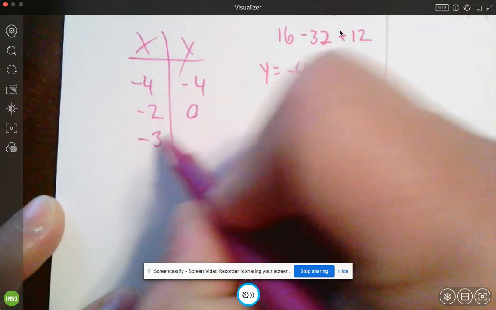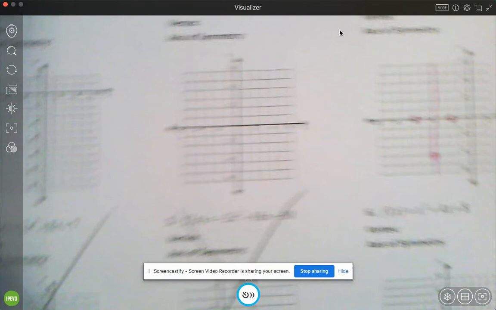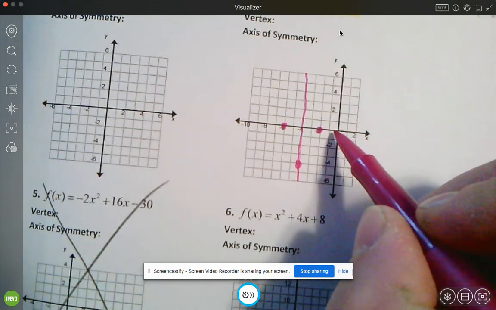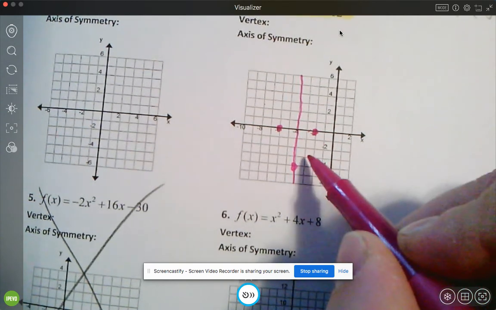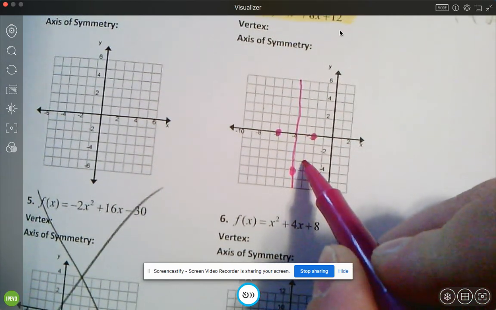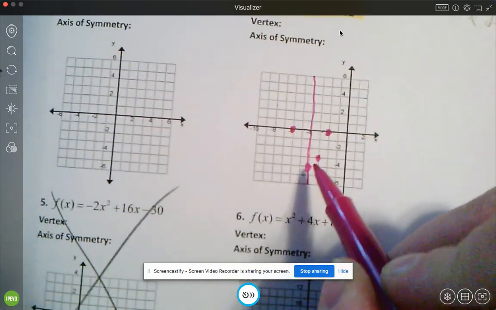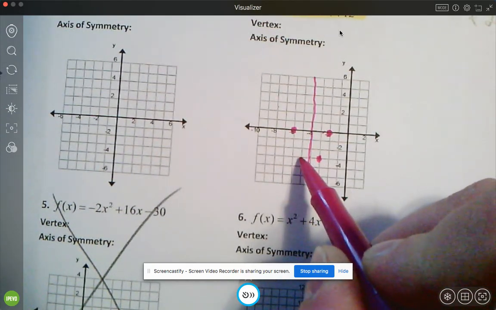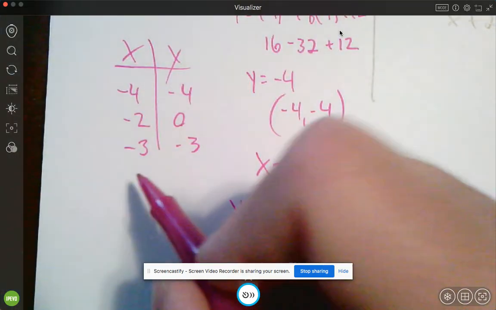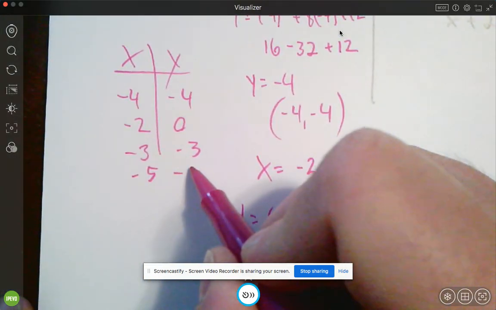So (-3, -3). I'm going to come here. Oops, I probably should have done -1. (-3, -3) is right here, right? Yeah, I should have done that -1. And then over my line, that's (-5, -3).